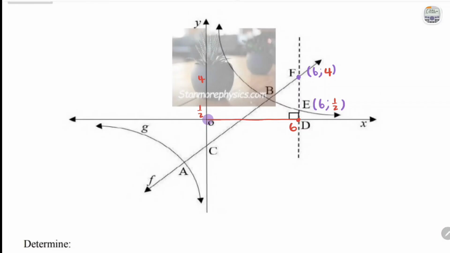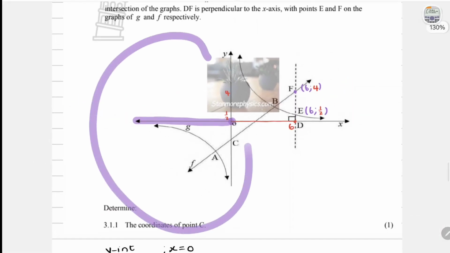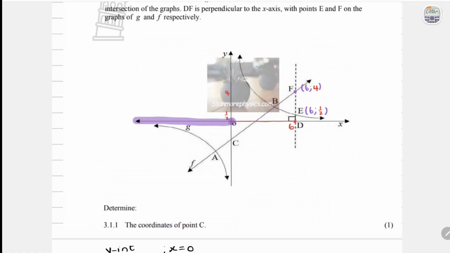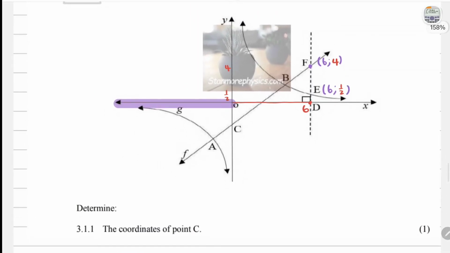Where it's less than 0 is over here, meaning you only have to look within this region. Forget this one. Okay, so let's go ahead and look here. Within this region, this is only where we can look. Where is the graph of f? We're still now looking for that specific question. Where is the graph of f of x greater than or equal to the graph of g of x?